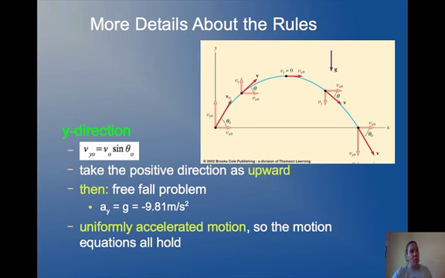Again, no air resistance, perfect physics world, only gravity is affecting it, so it stays the same the whole time, with no wind gusts or anything else affecting our motion. In this case, we can use really all of the equations, but only consistent in the y. We can't mix and match x and y, but in the y, all of our acceleration equations work.